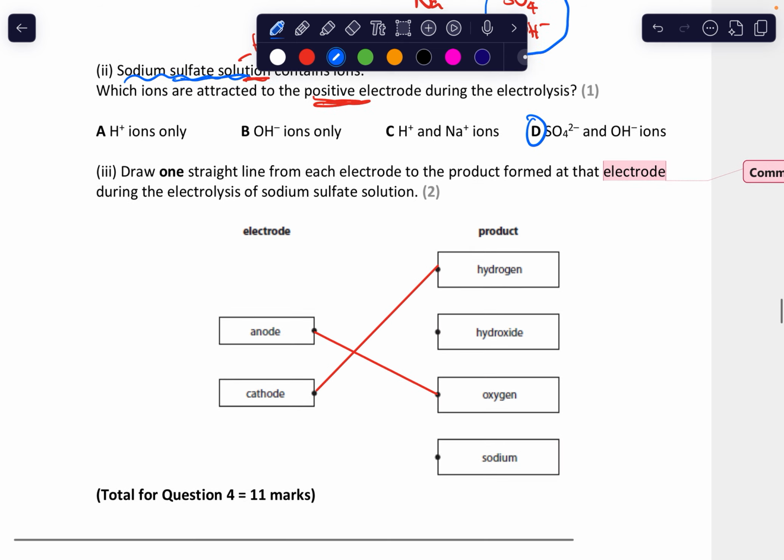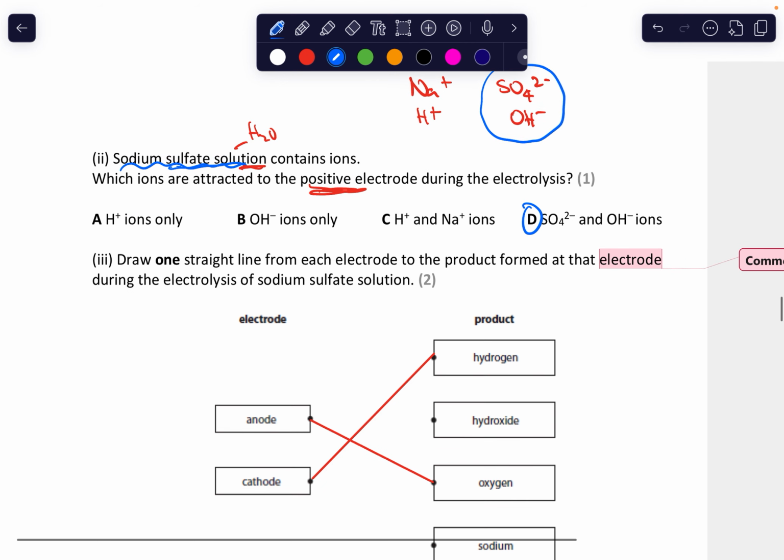At the anode, for these two anions here, let's get a different colour pen, the rule is the simplest is oxidized first, which is going to be the OH minus, because that's only got 2 parts to it, O and H. The sulfate has got 1 sulfur and 4 oxygens, so it's got 5 parts. That's more complicated. So the hydroxide goes first, and when you react the hydroxide, you start to get oxygen being formed at that point.